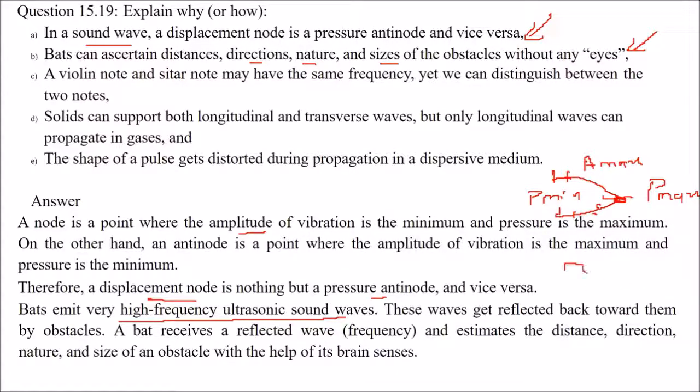If this is a bat, it sends the waves, and if there is any obstacle, the waves reach back again. The bat receives the reflected wave and estimates the distance, direction, nature, and size of the obstacle with the help of its brain senses.